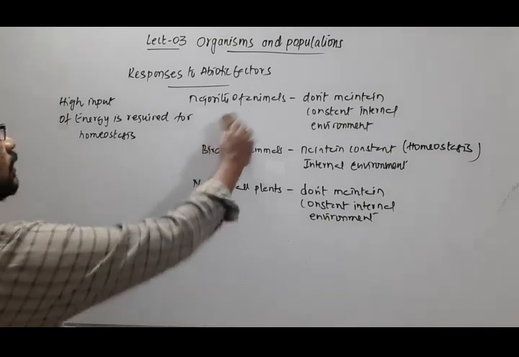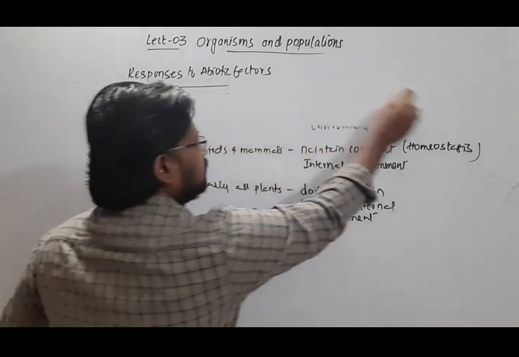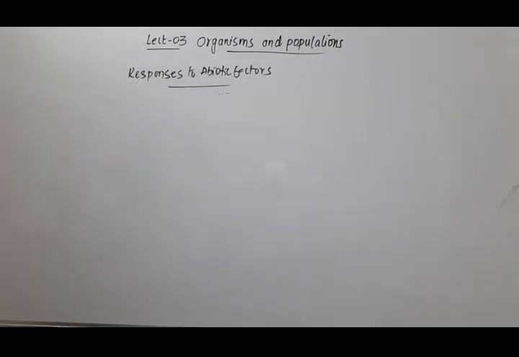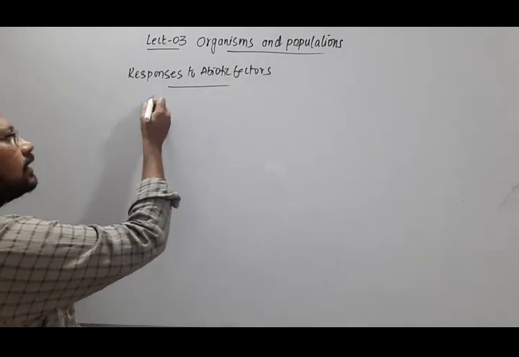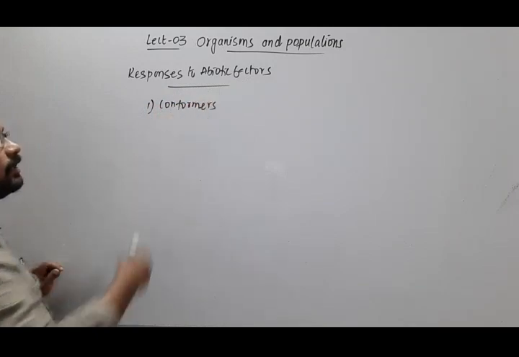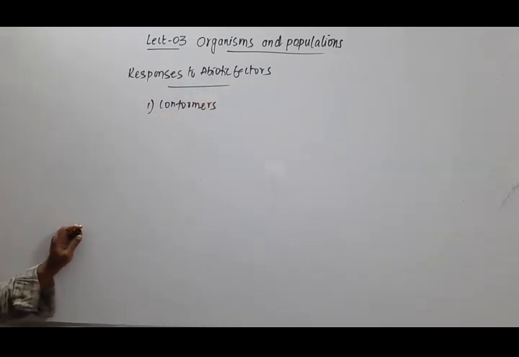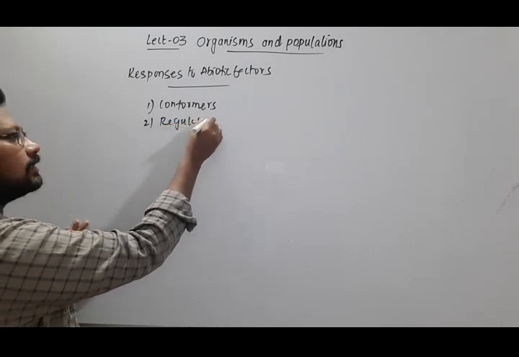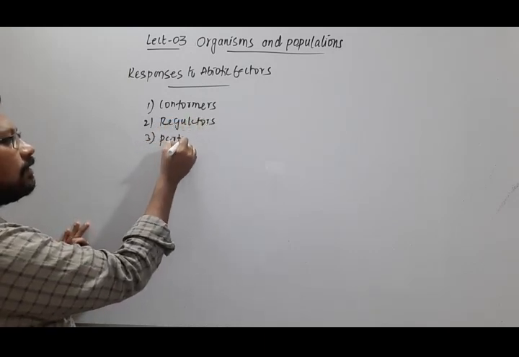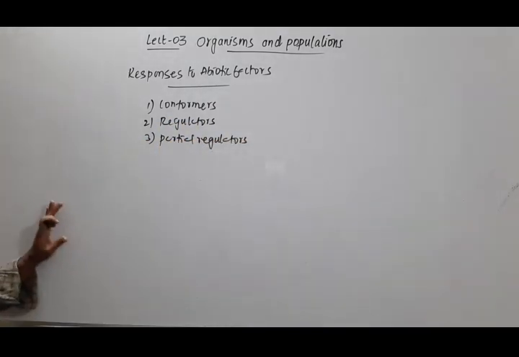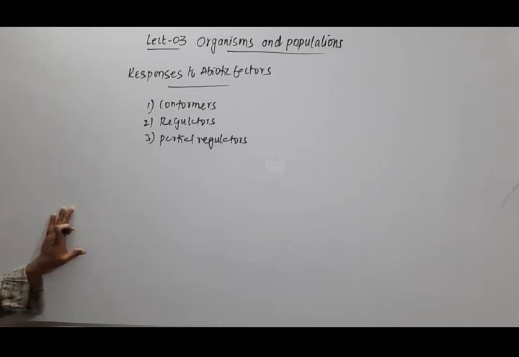Now, depending on this, we have classified organisms into three categories: conformers, regulators, and partial regulators.